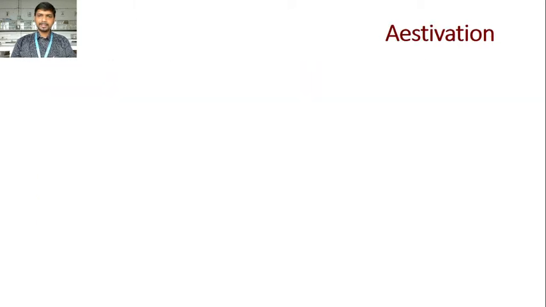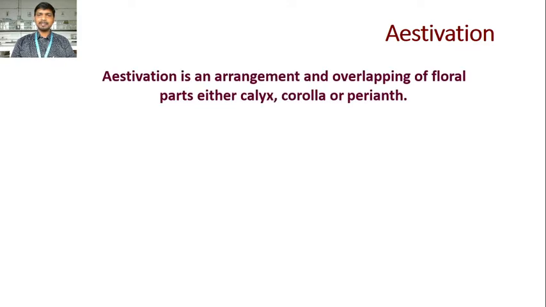Now the estivation. So what is the estivation? Estivation is the arrangement and the overlapping of floral parts, either calyx, corolla or perianth. So the outermost two non-essential or accessory parts of the flower, that is the calyx and corolla, or in some plants, if there is no differentiation between calyx and corolla, here the perianth is present.